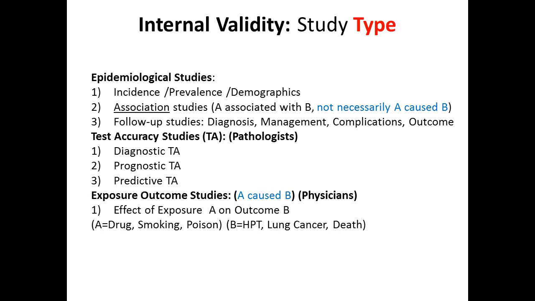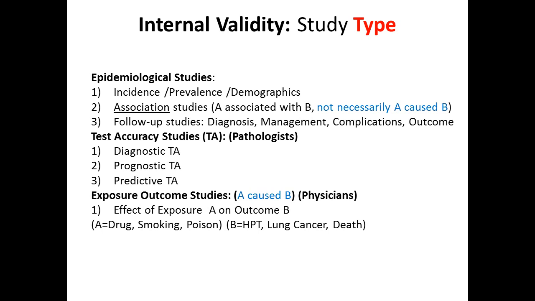Now, the common kind of epidemiological studies are incidence studies, prevalence studies, just recording demographics, and the association studies, whereby A is associated with B, not necessarily A caused B. Then you also have the clinical epidemiological studies where you record patients' diagnosis, their management, their complications, their outcome. So this basically gives you an overall general picture of the condition.